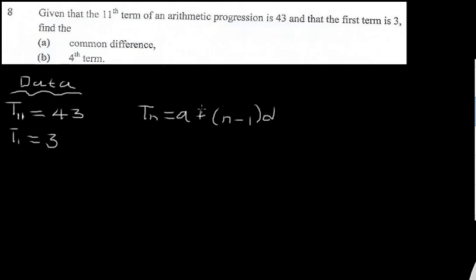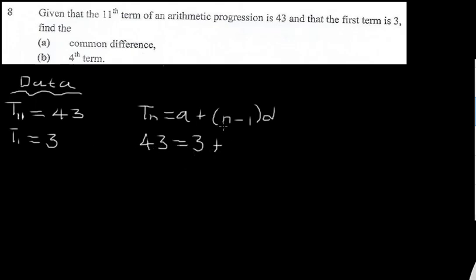So we're asked to find the common difference. So here, what is our Tn? In this case, we have 43 as our Tn. So 43 equals, what is our A? A is simply the first term. We have 3, right?